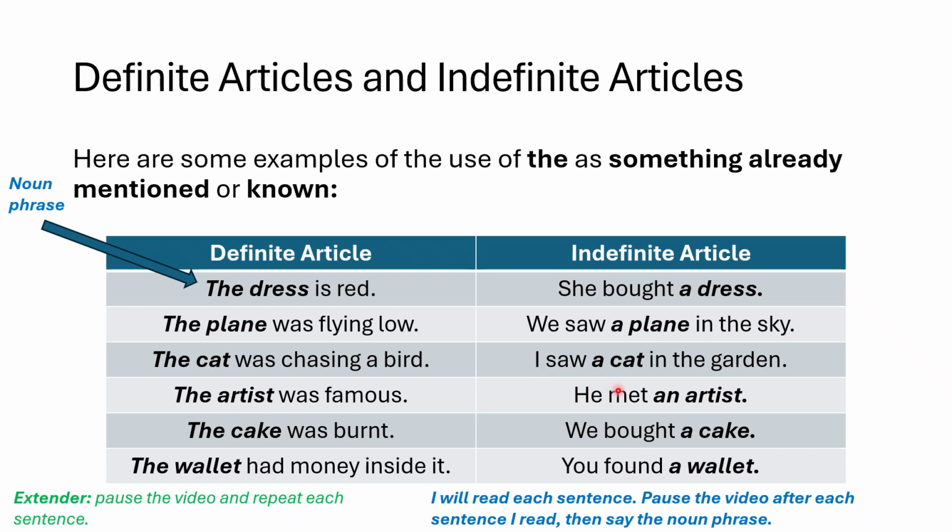I saw a cat in the garden. The artist was famous. He met an artist. The cake was burnt. We bought a cake. The wallet had money inside it. You found a wallet.